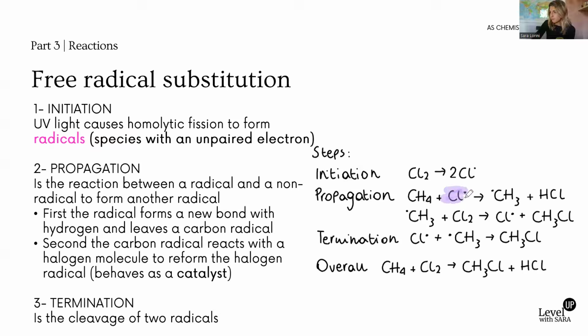The radical, notice that it's used up and then reformed. This is what we call a catalyst. The CH3 radical, it's the opposite. It's formed and then it's used up. This is the definition of an intermediate.